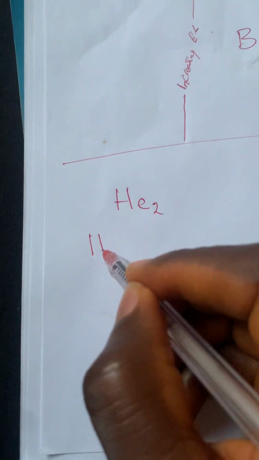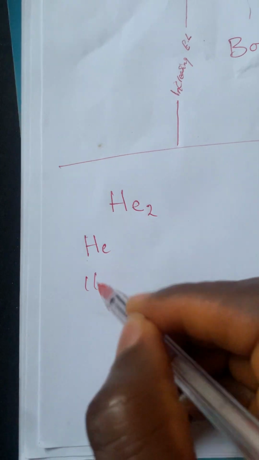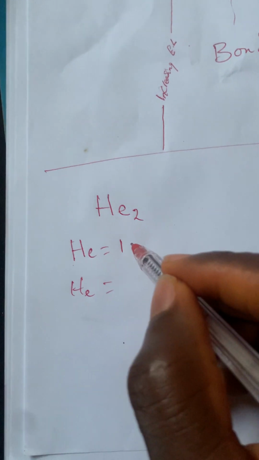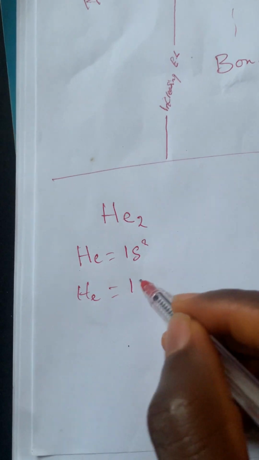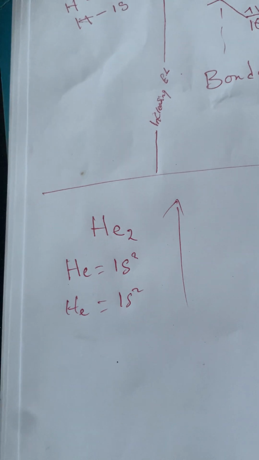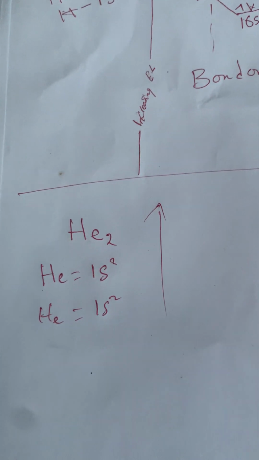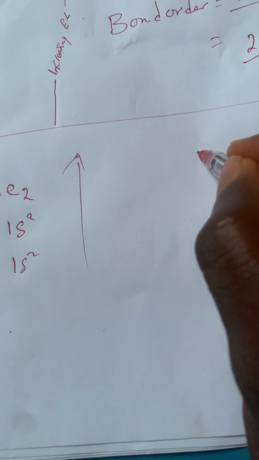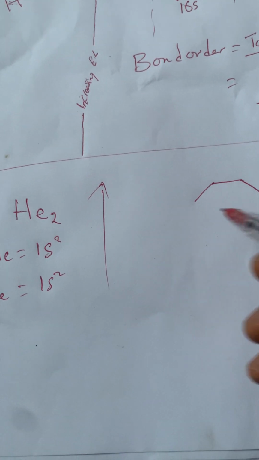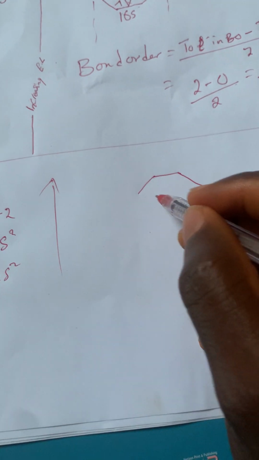You split it into 2, helium 1 and the second helium. Then you write the electron configuration of it. That is 1s2 and 1s2. The next thing is that you draw the arrow. You indicate increasing energy level. Then you draw the orbital diagram for that. It is very simple. I use the first one to explain that. Then you move on to draw the diagram.